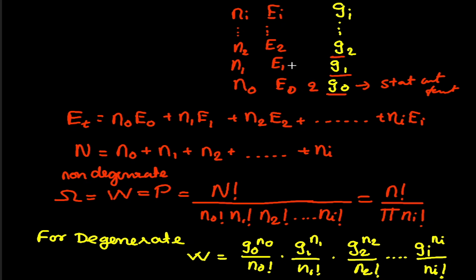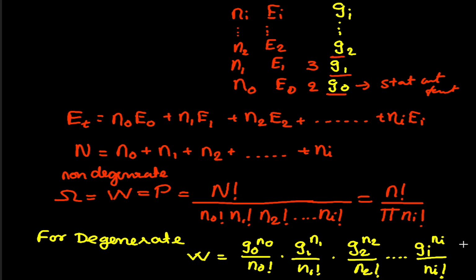Similarly, if energy level E1 has degeneracy 3, then these N1 particles could be arranged in all these 3 states, and so on. So we need to consider the permutation of these states also, and hence the thermodynamic probability for a degenerate system is given as W equal to G0 raised to N0 upon N0 factorial, G1 raised to N1 upon N1 factorial, and so on.